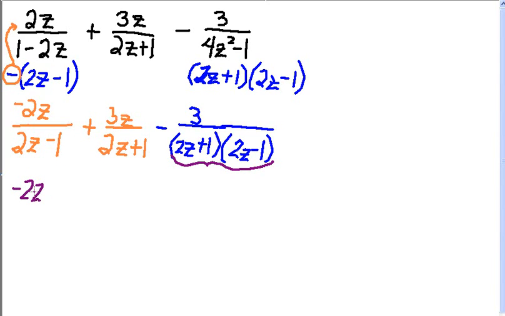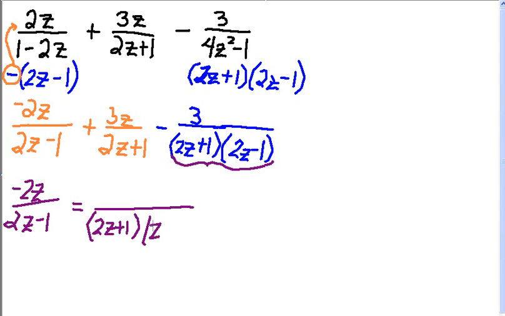So I have minus 2z over 2z minus 1, and I want to get that in terms of 2z plus 1 times 2z minus 1. Okay, so what is my denominator missing? Well, my denominator is missing the 2z plus 1 part. So I'm going to multiply my denominator by 2z plus 1. And whatever I do in the denominator, I have to do in the numerator.